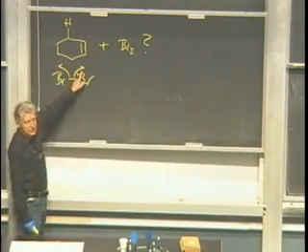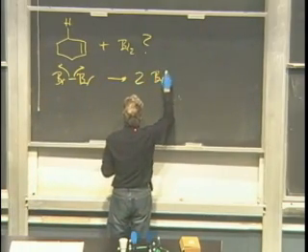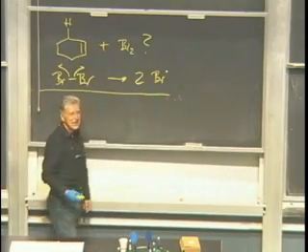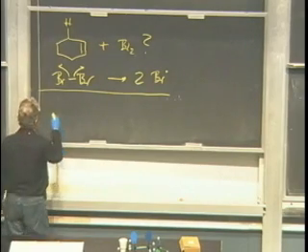We use fishhook arrows, remember, for radical reactions. That makes 2 Br dots. So this is step 1, which is the initiation step. The bromine dot is the one that turns things over.